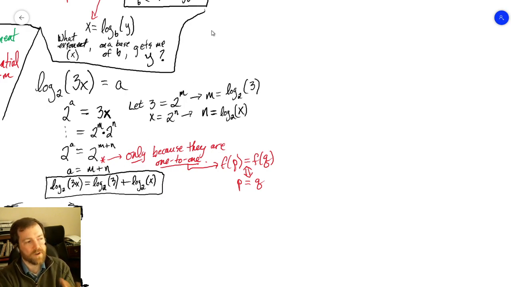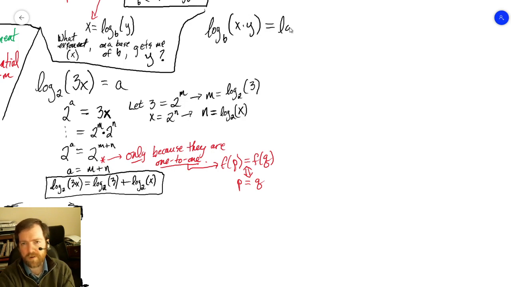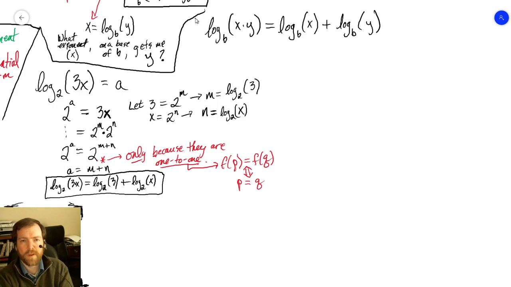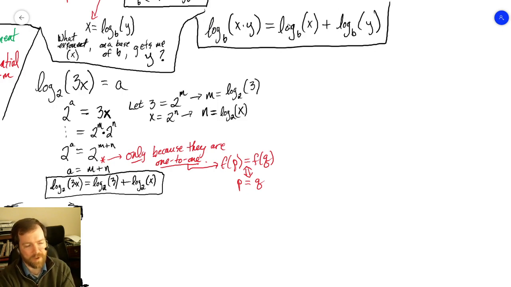But the underlying rule is that if you have any log base b of x times y or anything remotely similar, you're able to split the logs over addition. So this is fundamental rule number 1 of playing with logarithms.